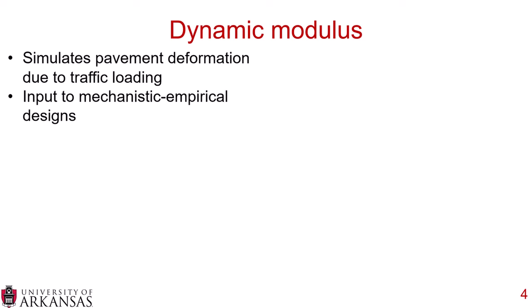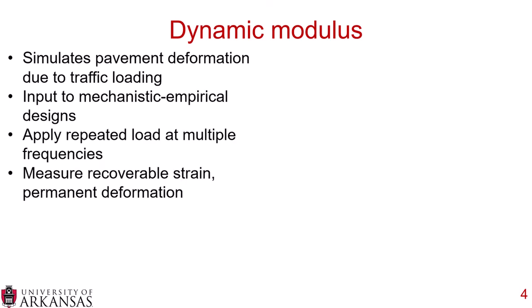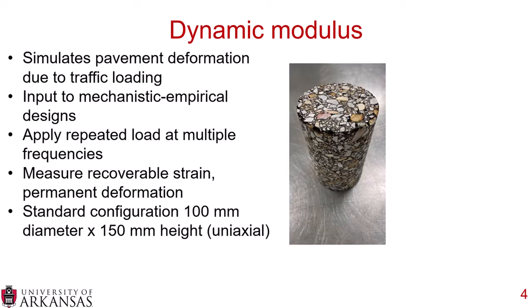Now, when we think about dynamic modulus, the intent of dynamic modulus is to simulate pavement deformation due to traffic loading, and it's also an input into mechanistic empirical designs for pavement structures. The point of the test is to apply repeated loads at multiple frequencies, and you measure the recoverable strain, and this is what allows you to calculate permanent deformation.